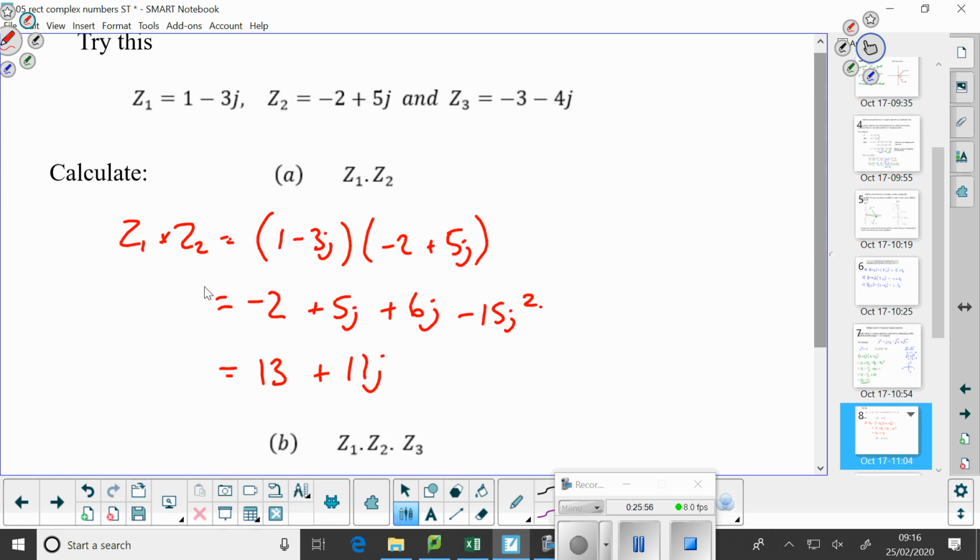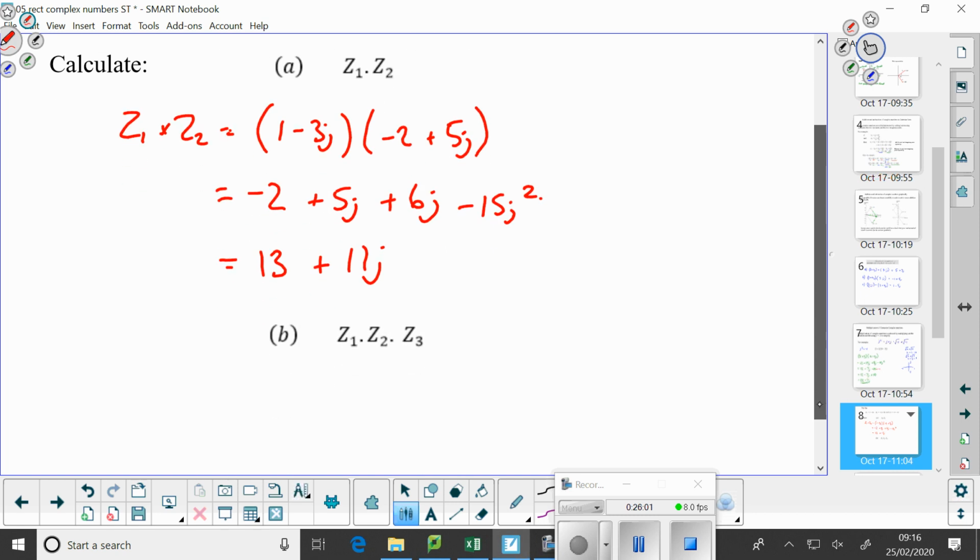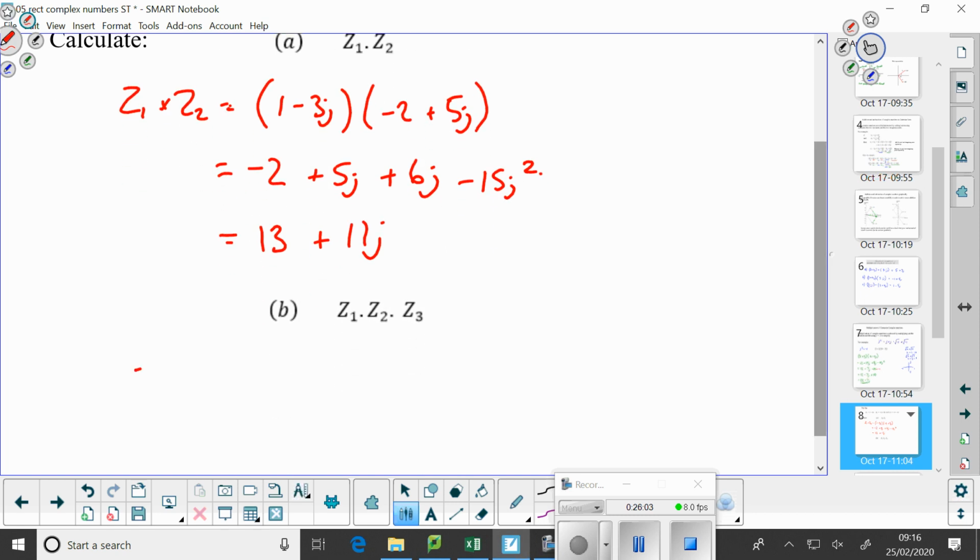And then the second one is multiply that result, so that's 13 plus 11j, by minus 3 minus 4j.